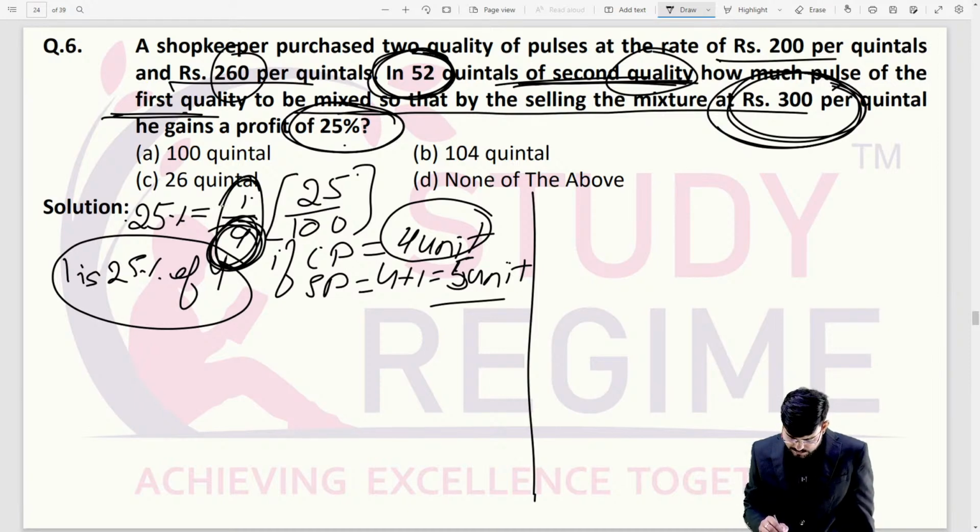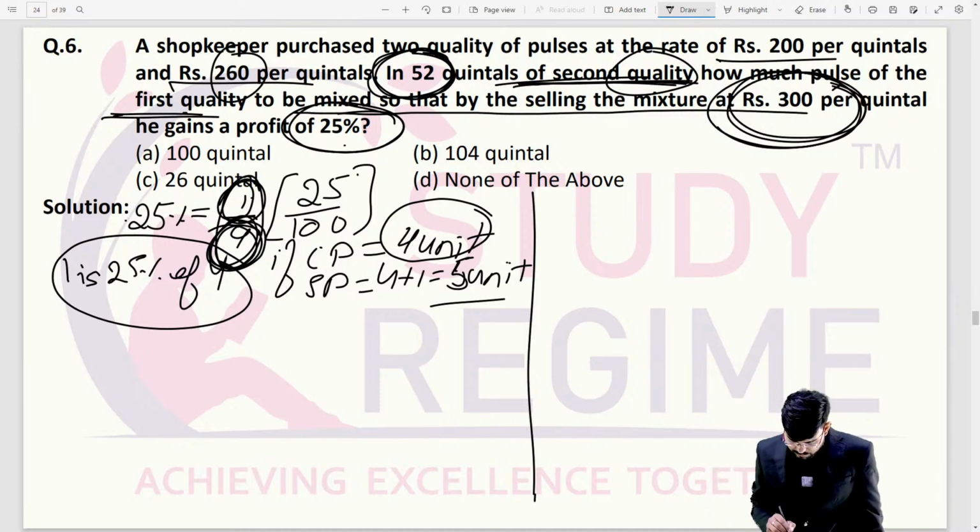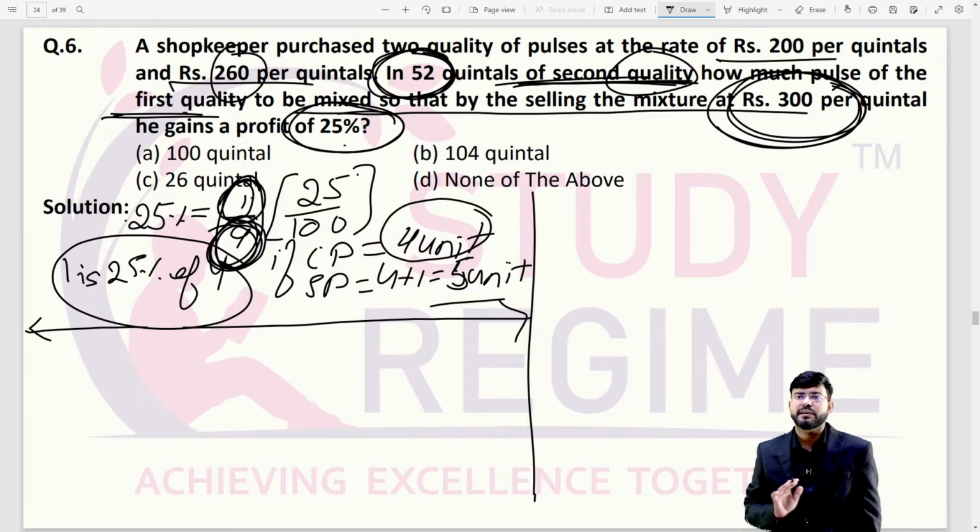So this is the value we get after making a profit of 25% on 4. So if we purchase something at 4, at what price will we sell? 5. Clear? So after making a profit of 25%, we give 5 units. Here in this question, this is cost price, but this is selling price.